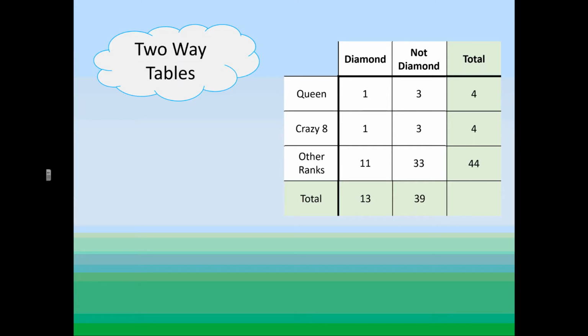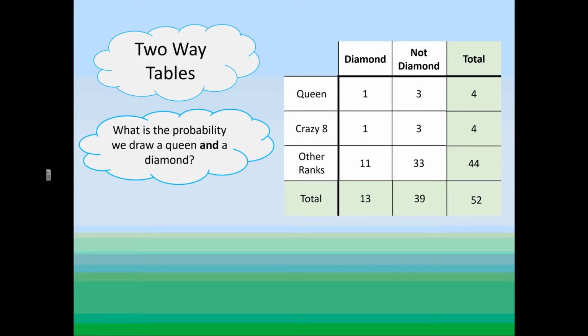Notice, if I take the total column, the 4, 4, and 44, and add those up, I should get the same number of cards as if I take the total row, the 13 and the 39. I should get 52 in each case. Using a two-way table, I don't have to draw out all 52 cards, which is a whole lot better, particularly if you're trying to calculate probabilities on paper.